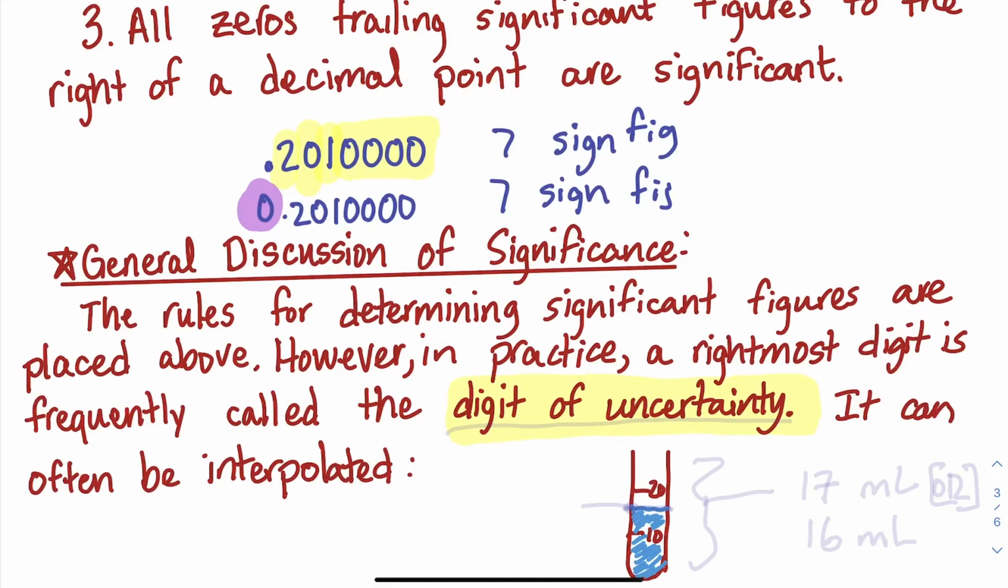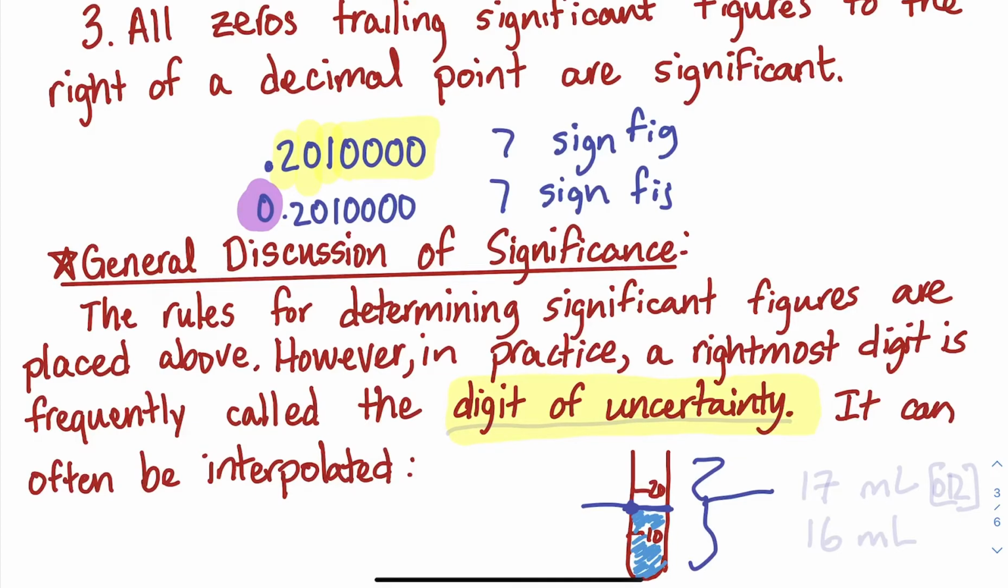So basically, let's take this test tube that I've drawn, and we can see that the meniscus over here is between 10 and 20, and it lies a little bit closer to the 20.